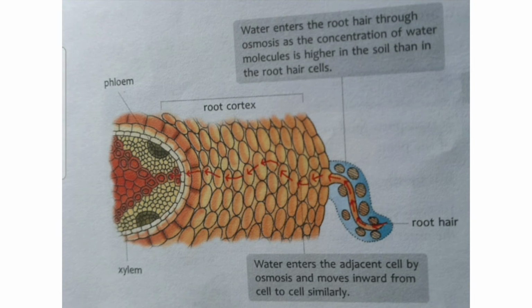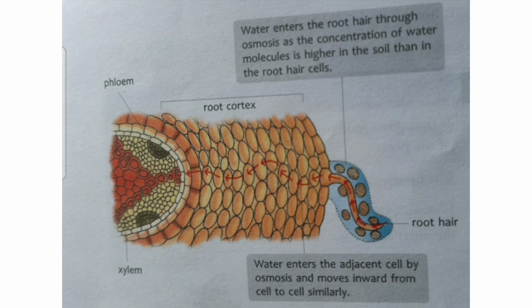This process continues until water reaches the xylem tissue in the root. Thus, water moves from the root hair cell through the root cortex to the xylem in the root. Inside the xylem, water travels upward from one cell to another against the force of gravity.